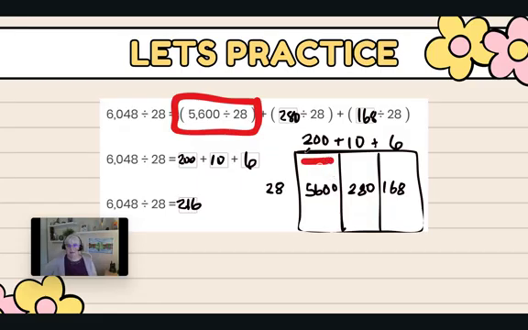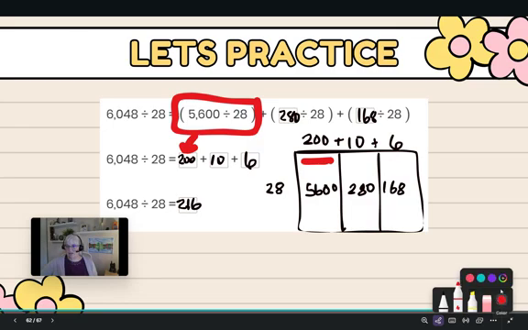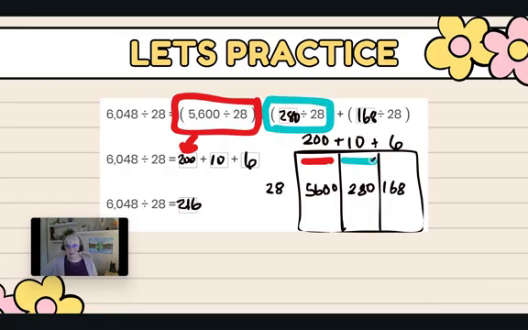That box represents what you see here: 5,600 divided by 28, and then they put the answer down below, 200. Let's change colors. This box represents this: 280 divided by 28 equals 10.